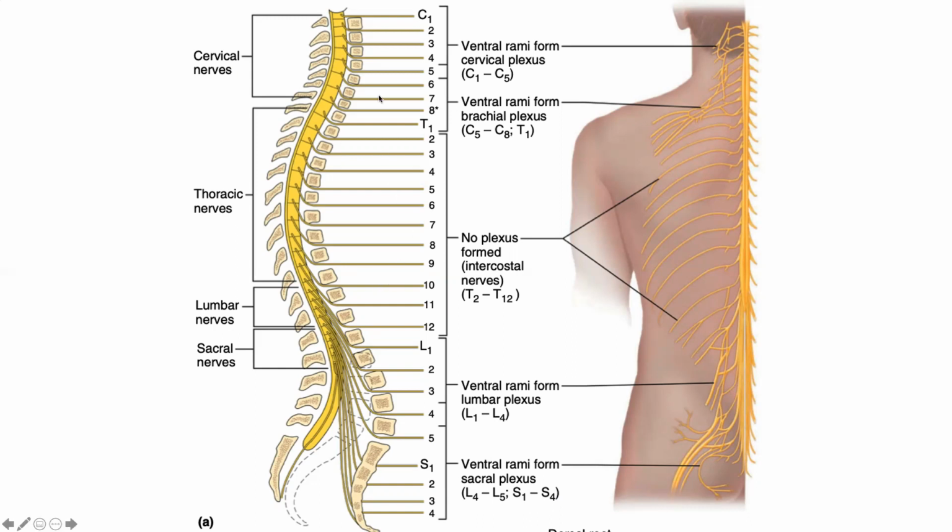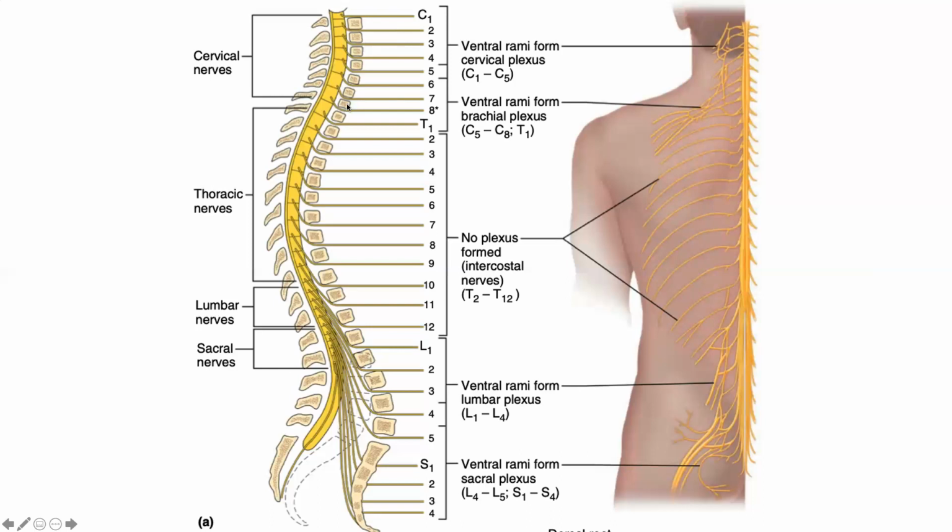The first cervical nerve comes out from the spinal cord above the cervical 1 vertebral body. The second cervical spinal nerve comes out above the second vertebral body, and so on. The seventh cervical spinal nerve comes out above the 7th cervical vertebra.